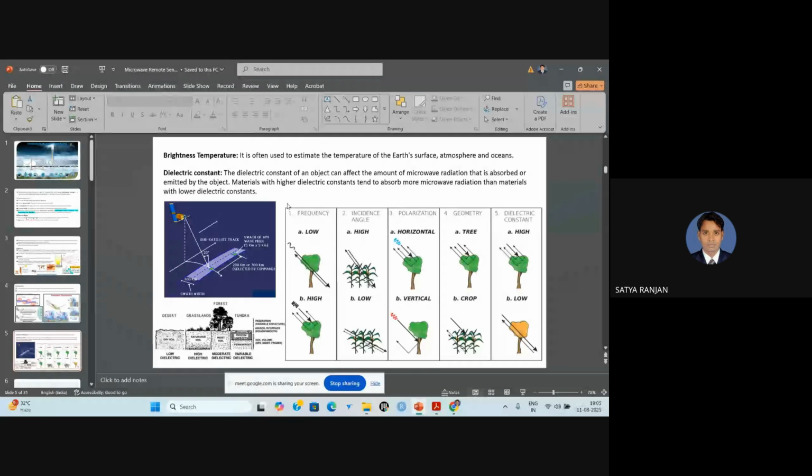Based on the dielectric constants, we can create the image. We analyze all this information, then verify with the ground truth. Then we can map that this is the sand area or this is the vegetation area. So different features have different dielectric constant values, and they behave in a different way in the image.